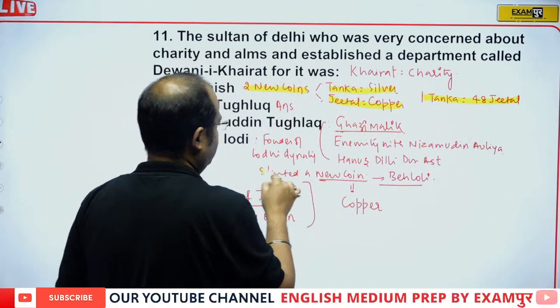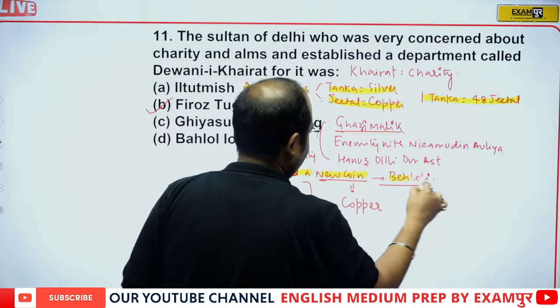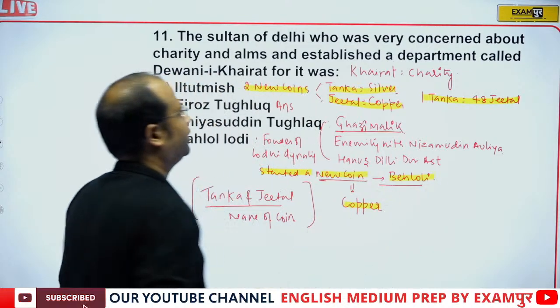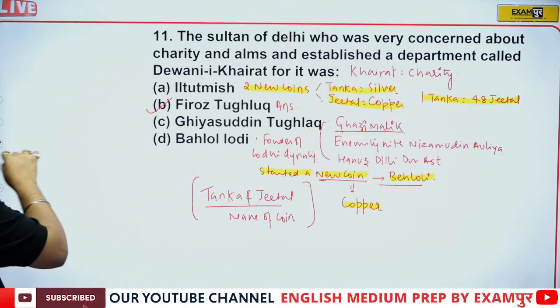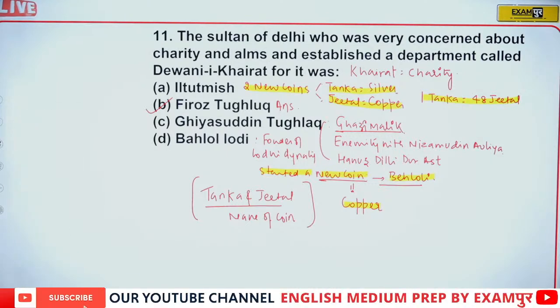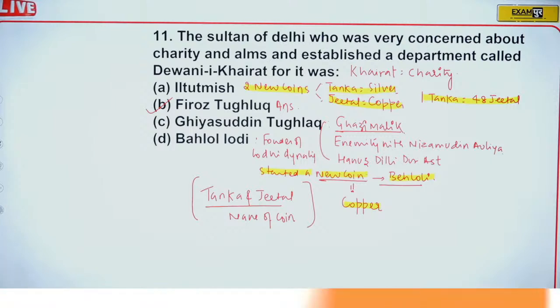Behlol Lodi started a new coin called Behloli, made of copper. I have already discussed that, and I have highlighted those points in yellow so that you can note them down.